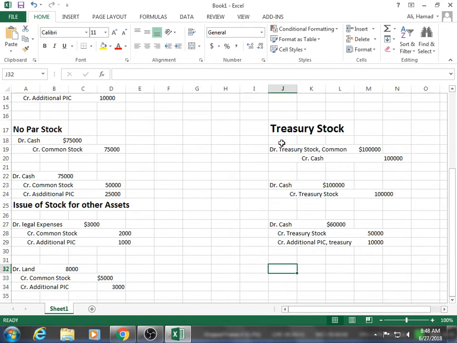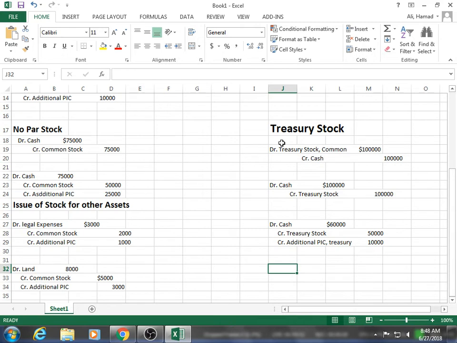What are the components of stockholders' equity? Contributed capital, right? What if we don't have enough in it? If there is not enough in the additional PIC treasury?